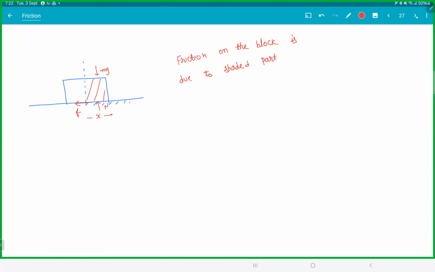See, what is the catch here then? The weight you have to take is of that part only. So what is the mass of the shaded part?